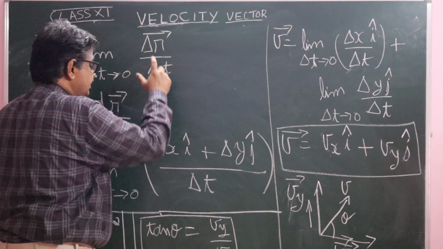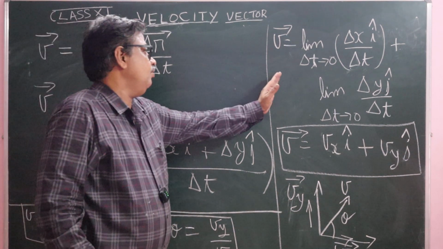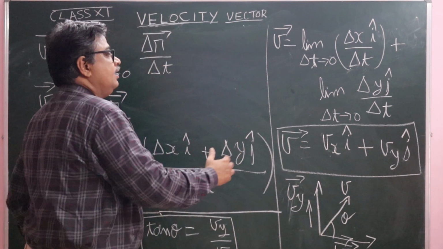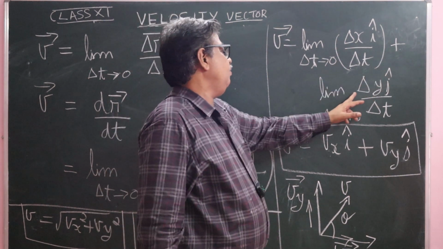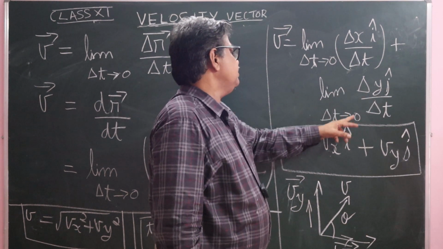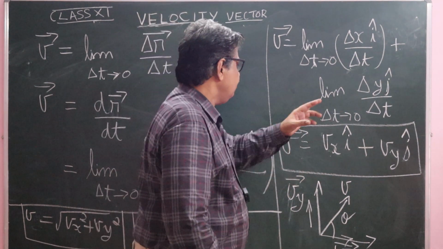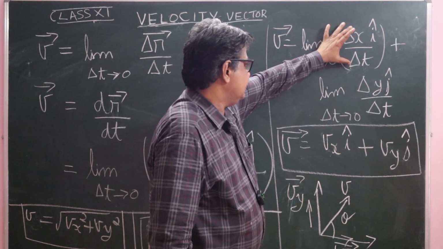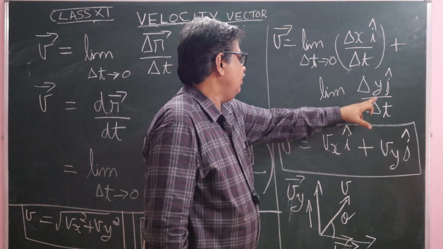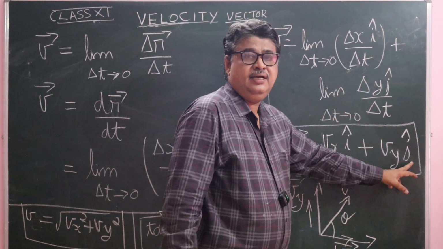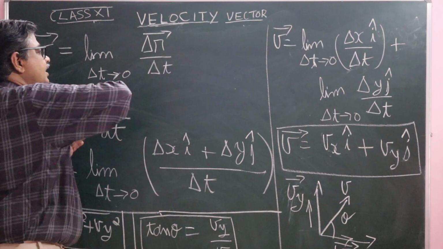Already we have found this del R vector, del x i cap plus del y j cap, divided by del T. Therefore, I write the velocity vector equal to, separately, limit del T tends to 0 of del x i cap divided by del T plus limit del T tends to 0 of del y j cap divided by del T. Therefore, the velocity vector is equal to Vx i cap plus Vy j cap, where del x by del T is Vx, the velocity along the x direction, and del y by del T is Vy. This is the velocity vector along the direction of motion.